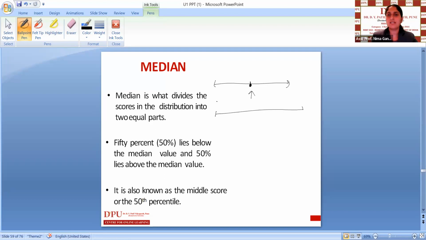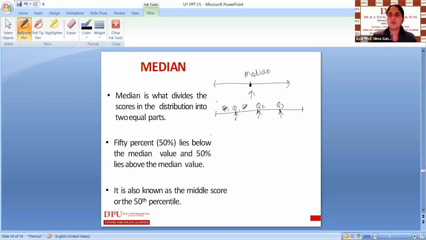If you want to divide it into 4 equal parts, you need to know about 3 points. 3 points can divide data into 4 equal parts. This is part 1, this is part 2, this is your Q1, this is your Q2, and this is your Q3. So there are just 3 points which divide the data into 4 equal parts. This is your median. There is just 1 point required to divide the data into 2 equal parts.